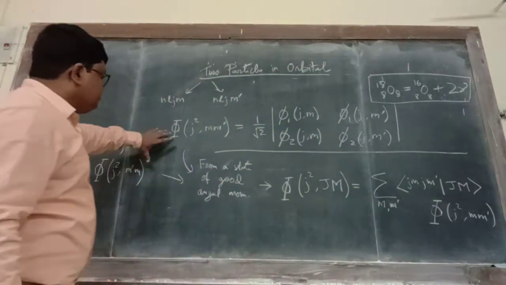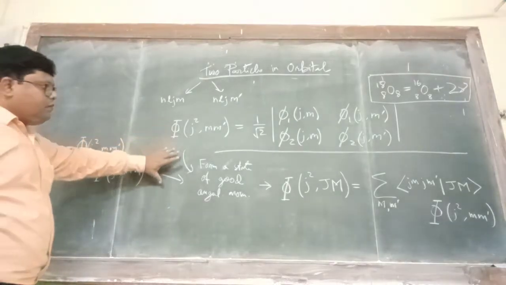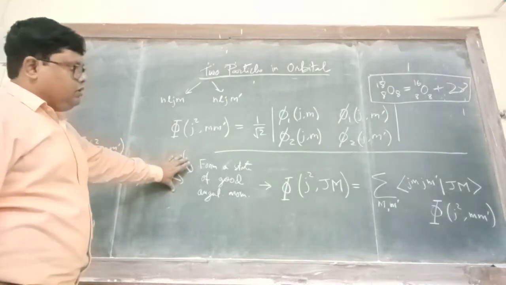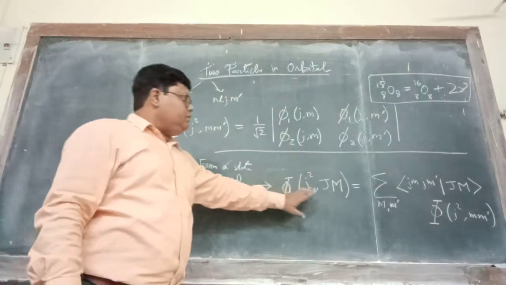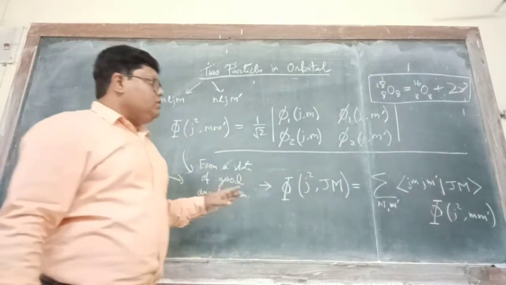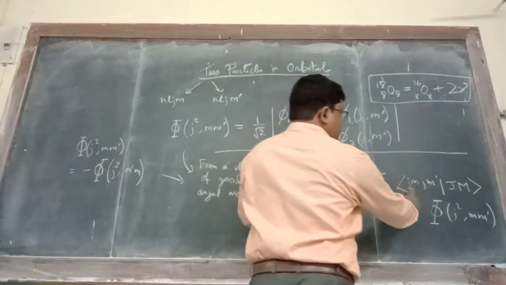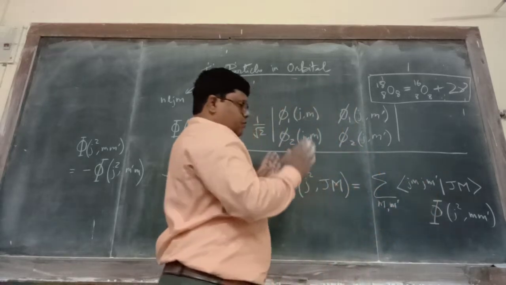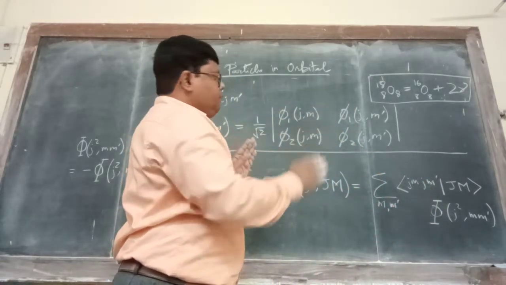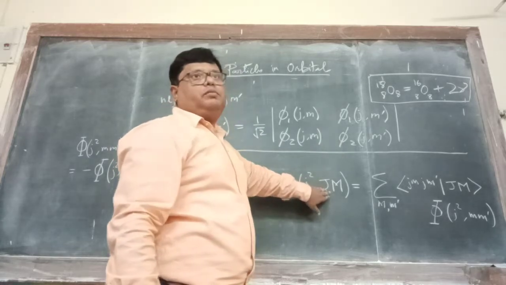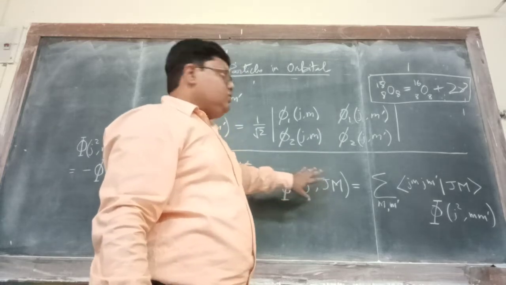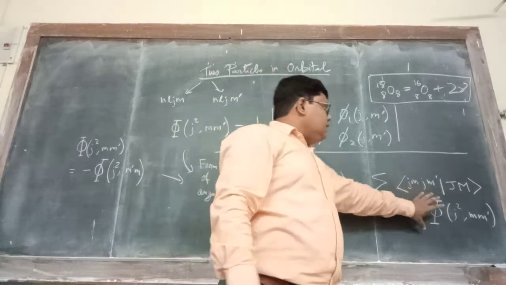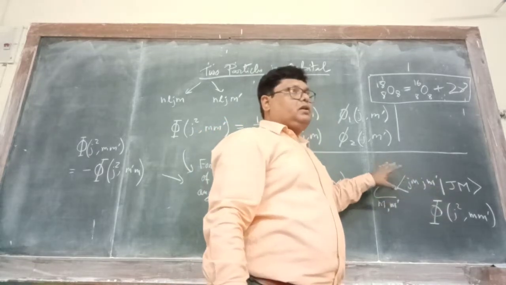Now we will use these two relations to form a state of good angular momentum, or total angular momentum J. So these two, with different m and m prime, will form a total angular momentum J.